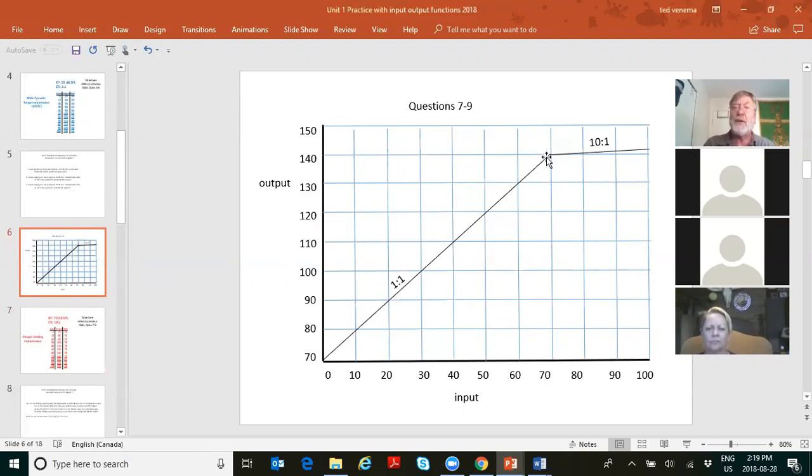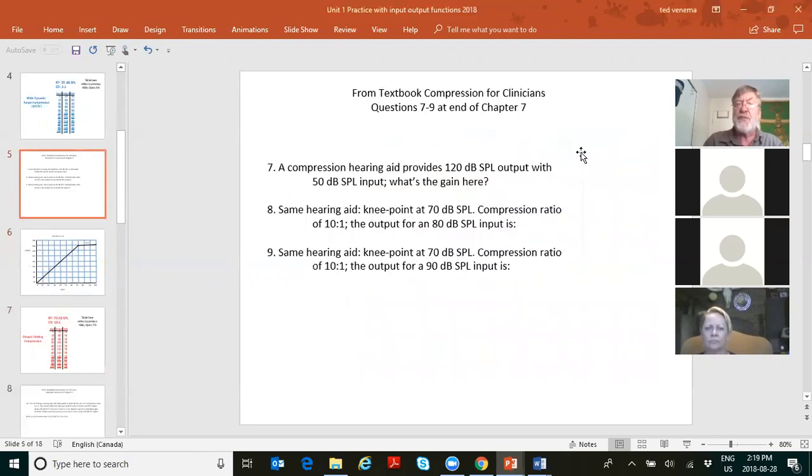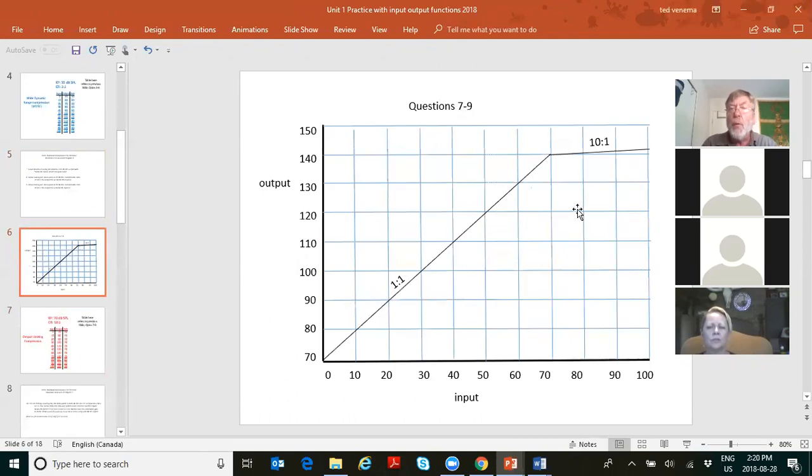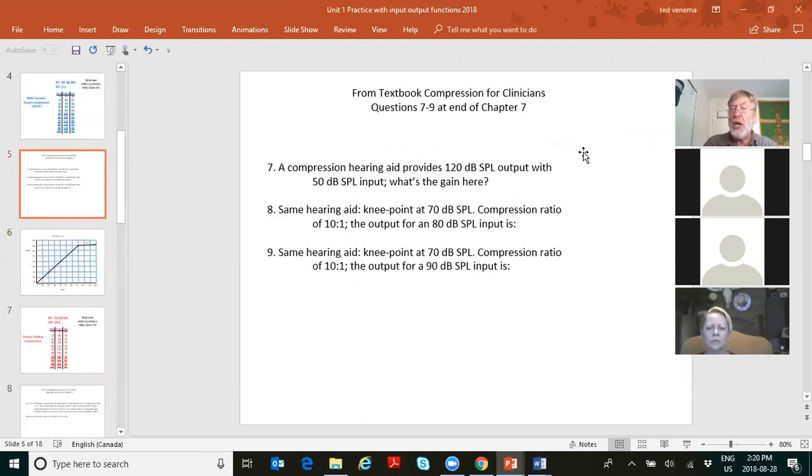And then suddenly, once I get past my knee point, the hearing aid slams on the brakes. So to answer this question, compression ratio of 10-to-1, the output for an 80 dB SPL input is 141.